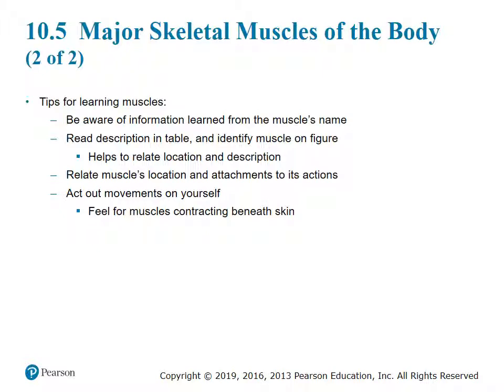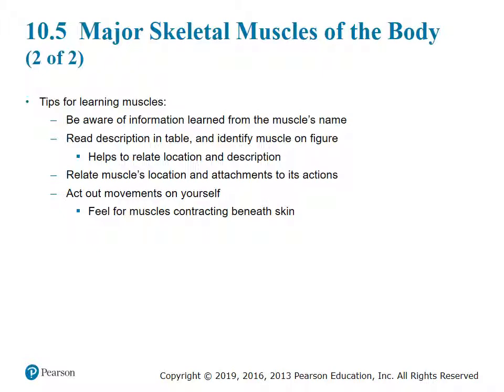That's why we have to study those names and the criteria. It's really important to identify the muscle in a table, and tables are really important to study. Looking at a muscle model, a table, a figure, and matching it up and pointing it out is really important to learn the information.